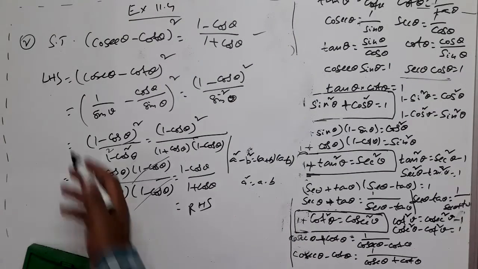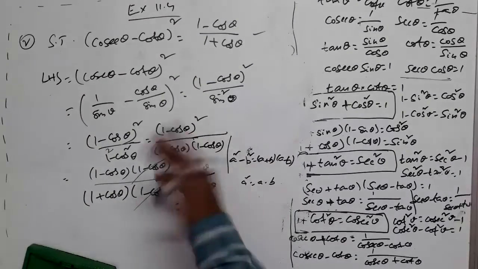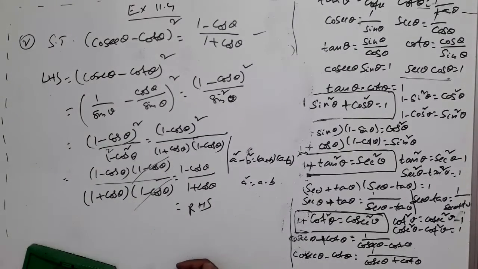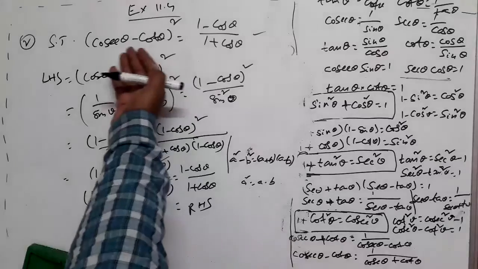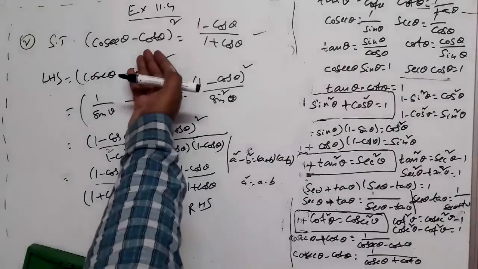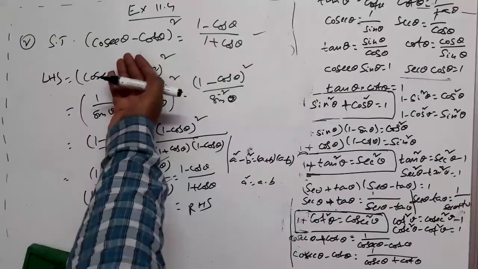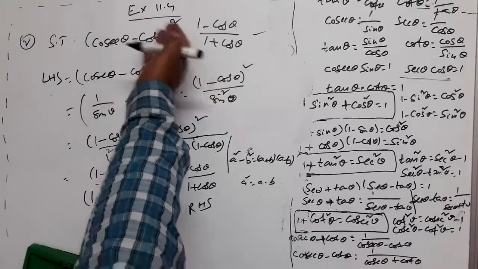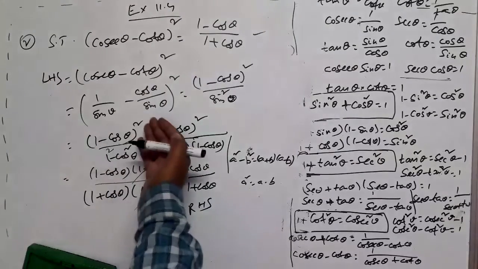So you started at LHS and you have brought RHS. How did you proceed in this? You have seen that LHS contains cosecant and cot, RHS contains only cos. So you got the idea that let us start at LHS and express each term of this in terms of sin theta and cos theta. That's what you have done here.